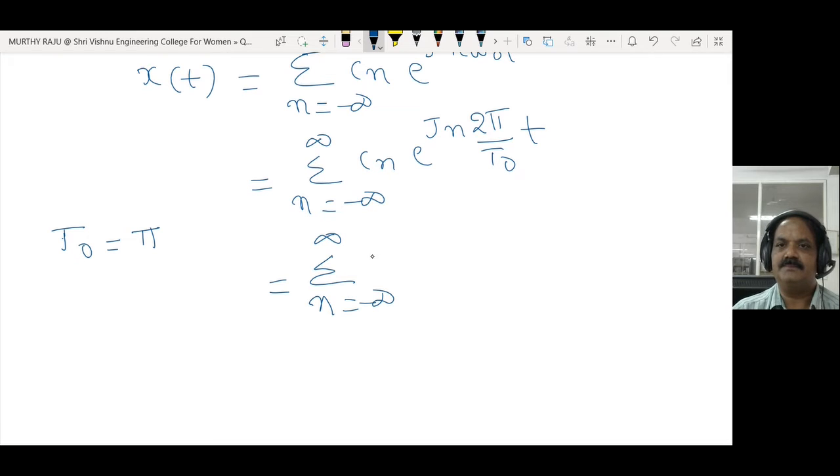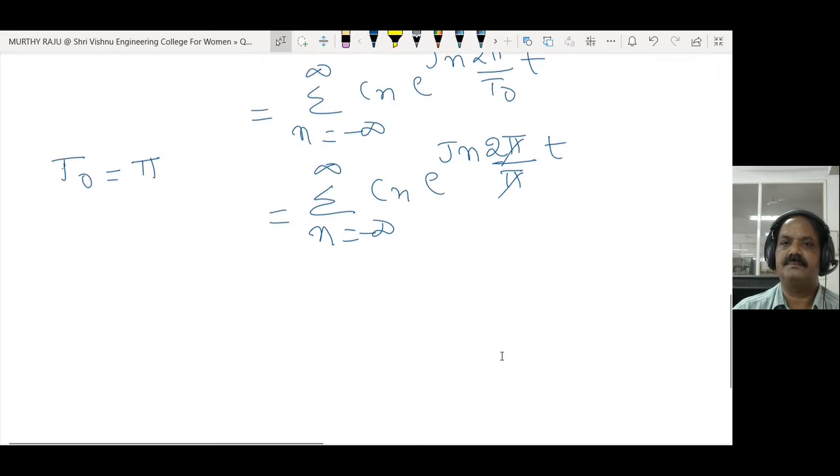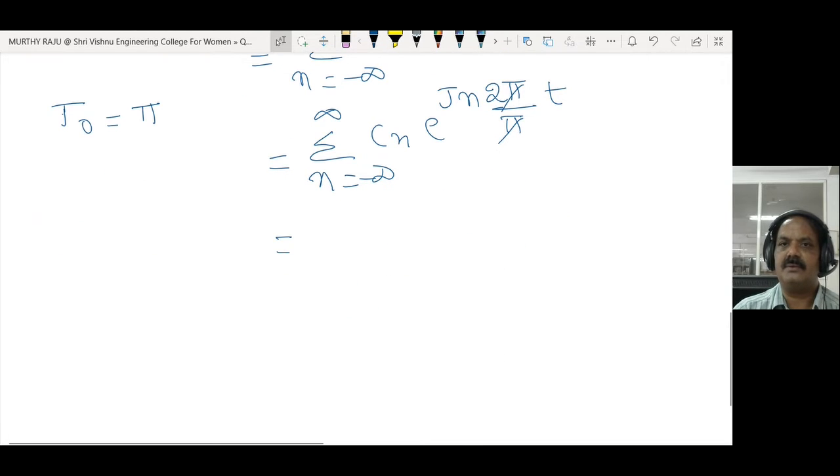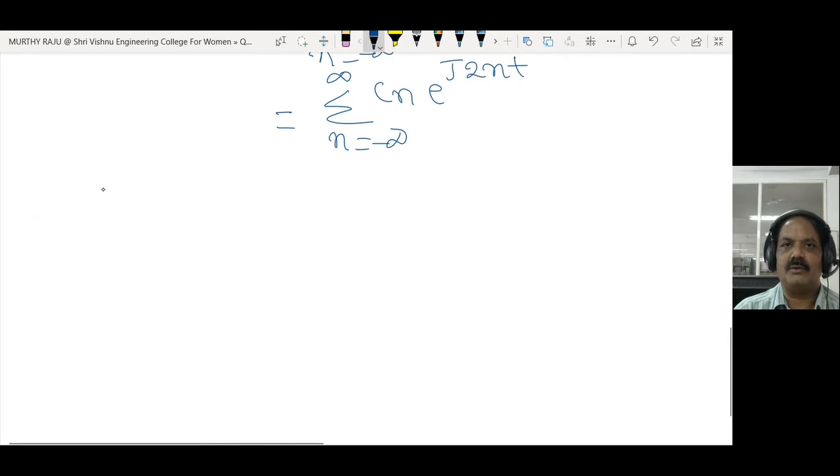So it is the sum of Cn e power j n 2 pi by pi t, that is Cn e power j 2n t. This is the exponential Fourier series expansion.